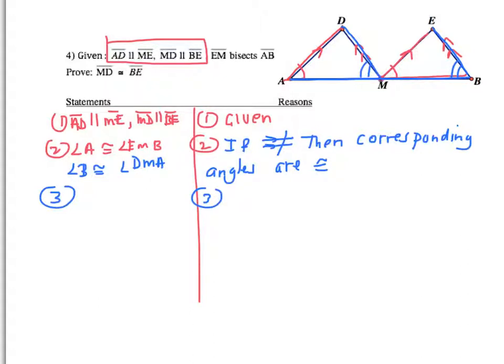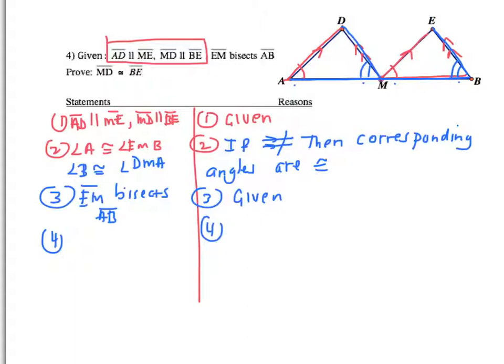Okay, so if you take a look at our two triangles, we already have two pairs of corresponding pieces of information that are congruent. So we're 2/3 of the way to proving these triangles congruent. Our other piece of given information says that line segment EM bisects line segment AB. So that's given to us. And that's a really quick way to get a pair of congruent segments.